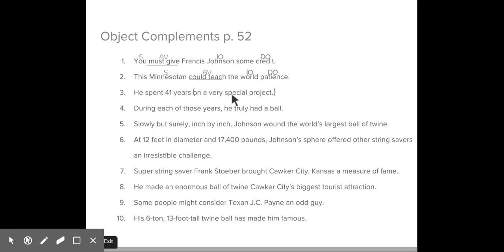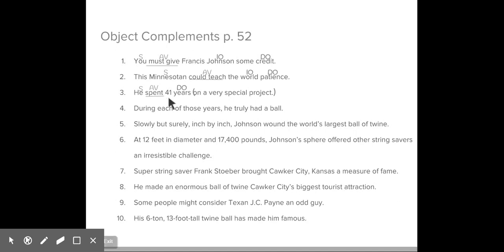Pretend it's not there. I'm wiping it away. So, he spent 41 years. Verb, spent. Who spent? He spent. He's my subject. He spent what? Years. Now, would it make sense to say that 41 is an IO? He spent years to the 41. No, no, no. So 41 is simply an adjective. Not everything in front of a DO is an IO.